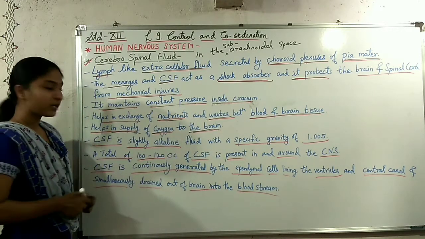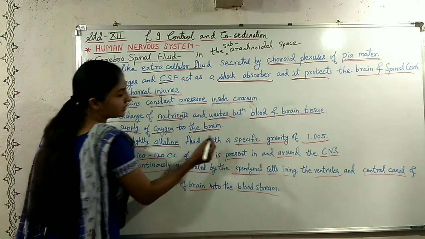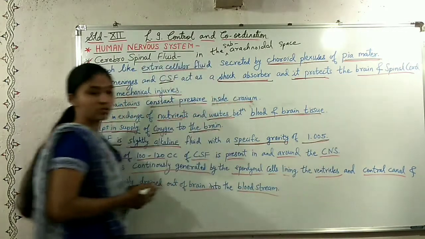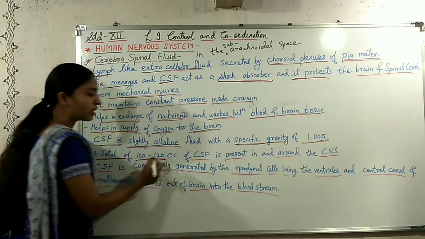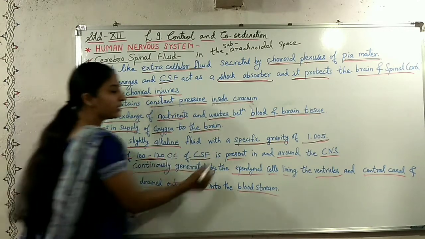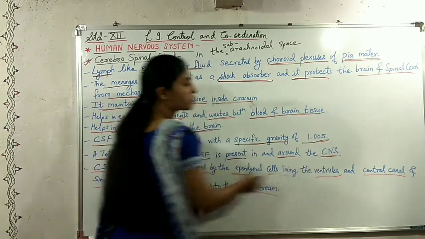The cerebrospinal fluid is slightly alkaline and it has a specific gravity of 1.005. A total of 100 to 120 cubic centimeters of cerebrospinal fluid is present in and around the central nervous system.